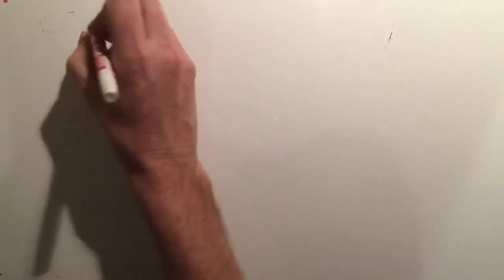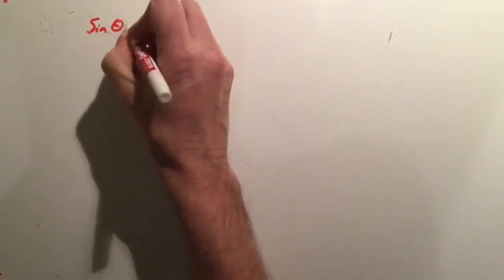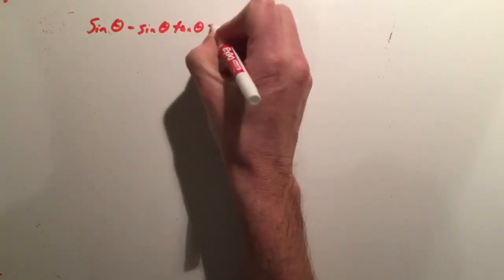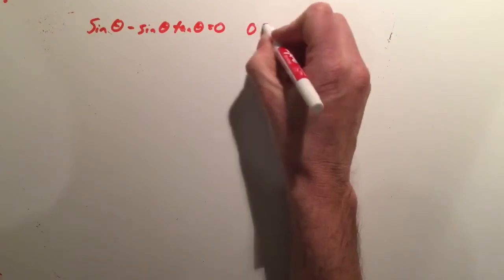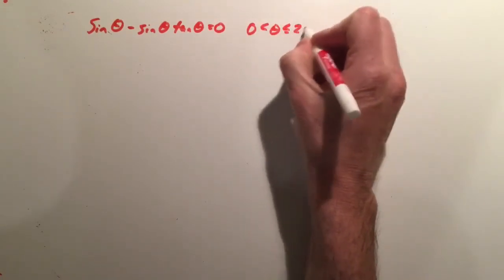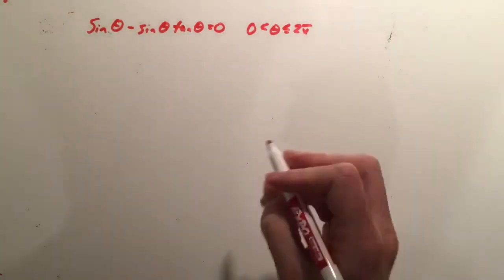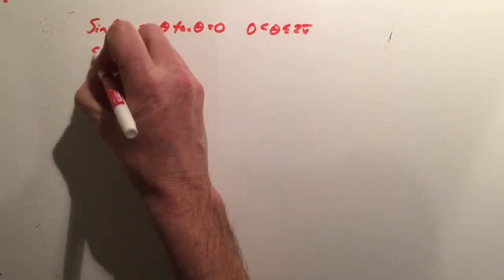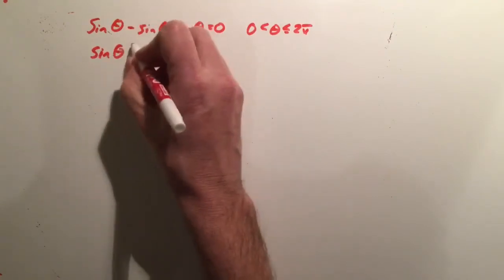Okay, let's look at sine theta minus sine theta tan theta equals 0, on 0 less than theta, less than or equal to 2 pi. Now, sometimes even if it's not a quadratic, you still have to factor it. Here's one of those cases. So I pull out my sine theta, factor that out.